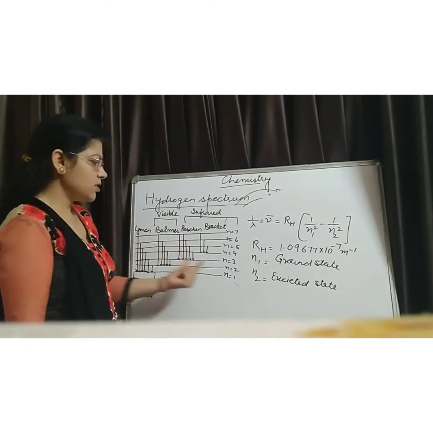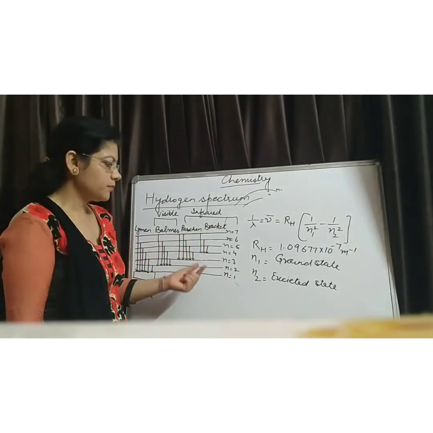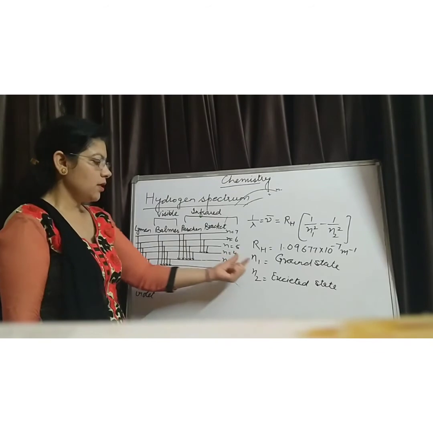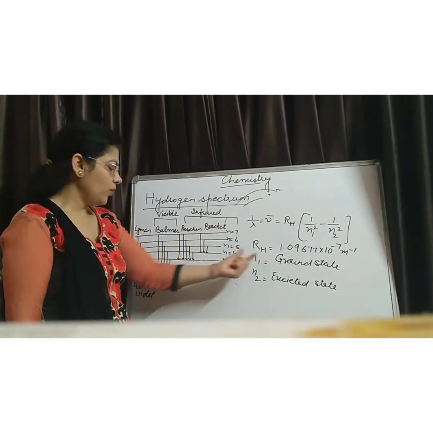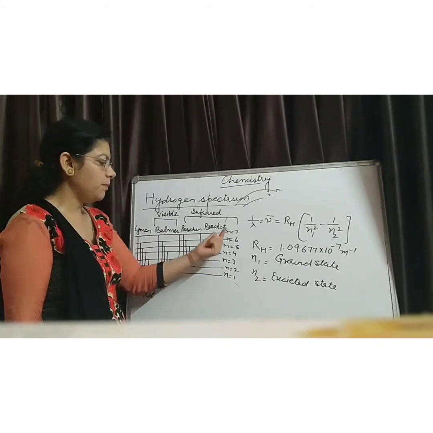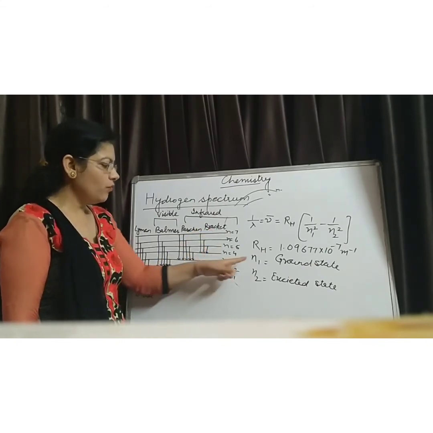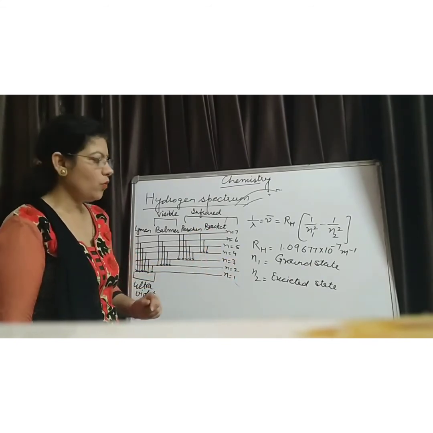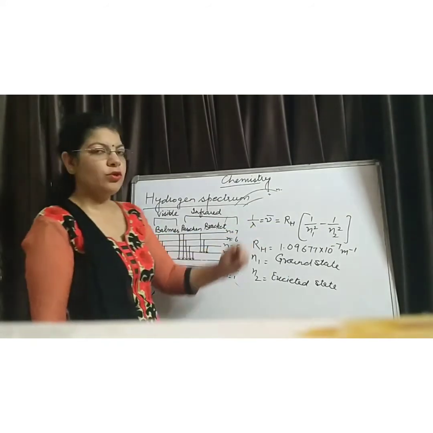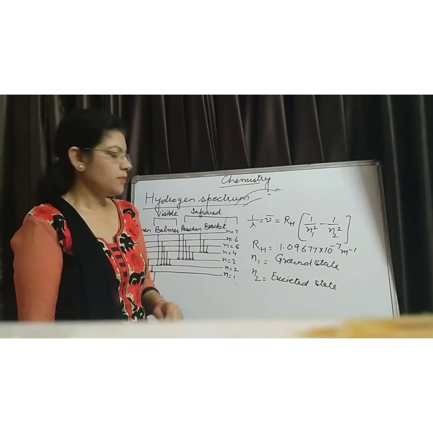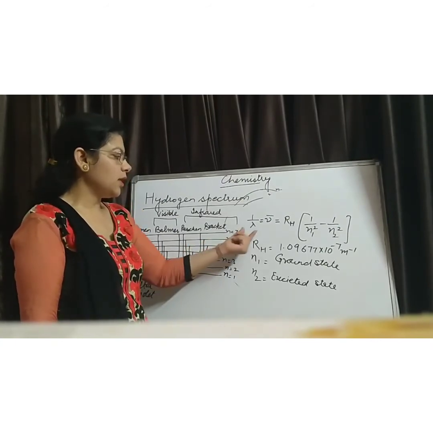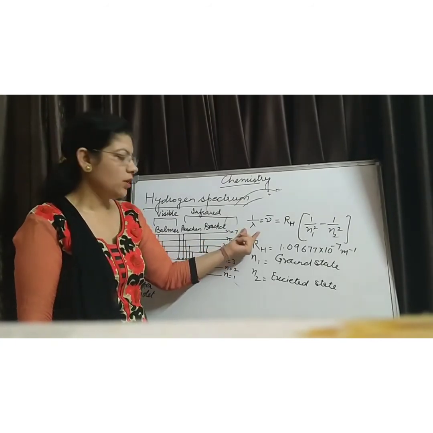In the Lyman series, the value of N1 is 1. In the Balmer series, the value of N1 is 2. In Paschen, the value of N1 is 3. Similarly, in the Brackett series, the value of N1 is 4. By putting in this formula, we can easily calculate the wave number or the wavelength of the radiations.